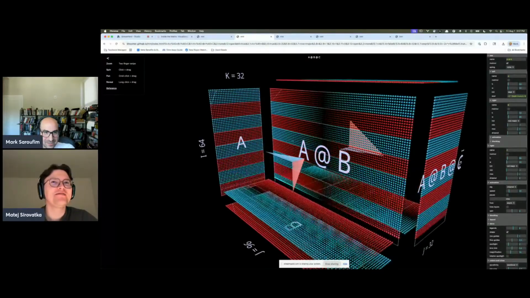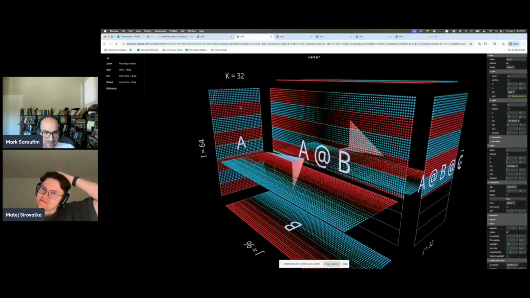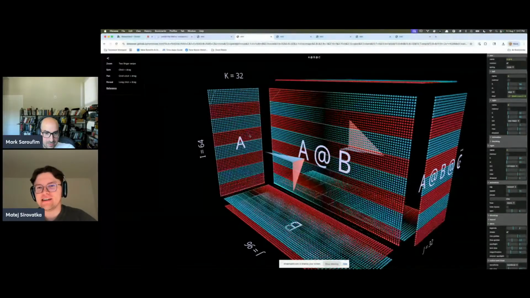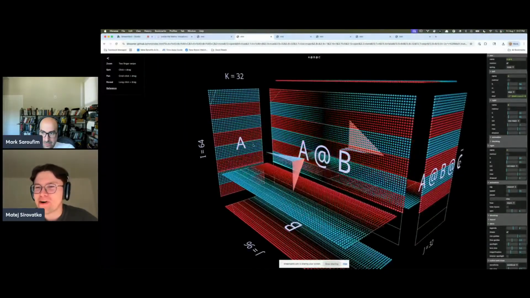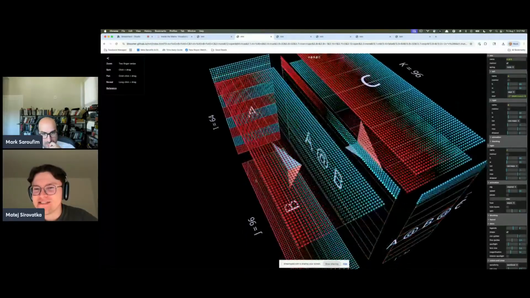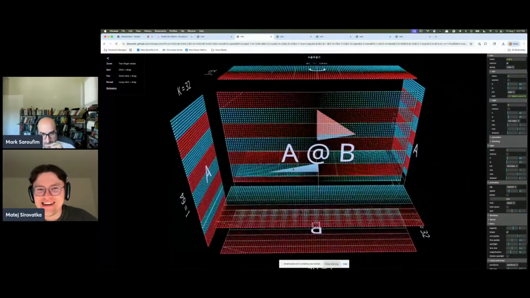Okay, so you just need a full row of A. Do you need a full row or a full column? Wait, I can't see it. Which is the dimension that you're multiplying on?